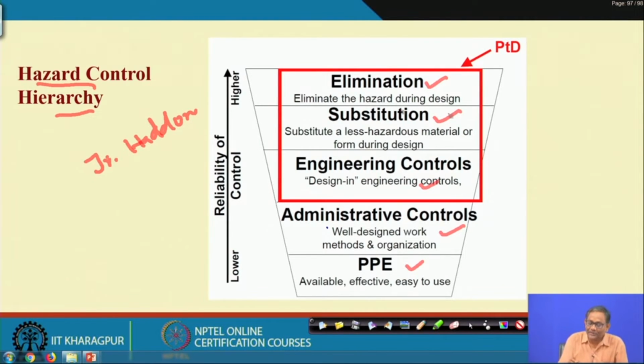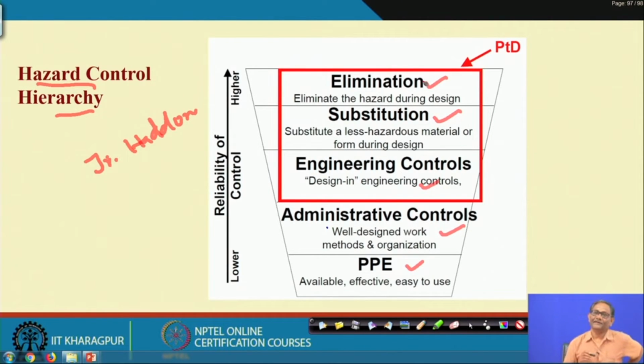That is what we call elimination. For example, working at height: if the work can be done at the ground floor, get it done there. Even though working at height may be better from the efficiency point of view, from the safety point of view it is not.